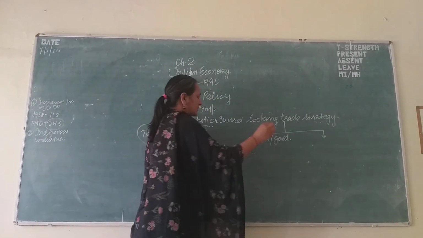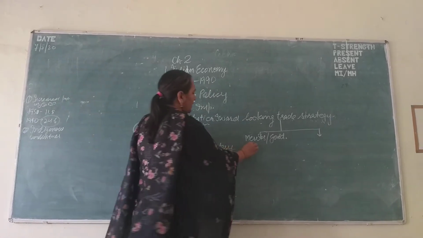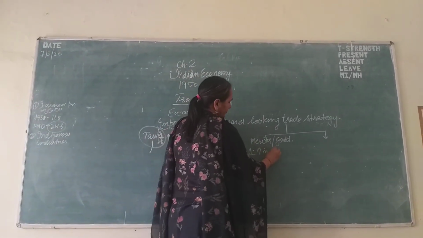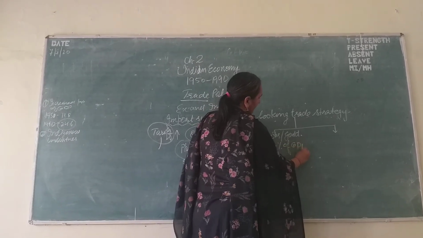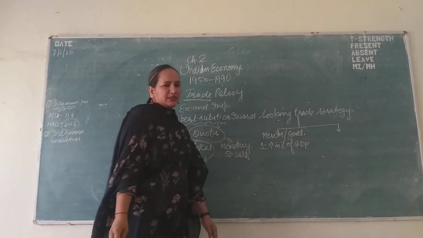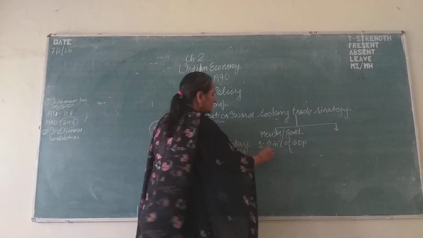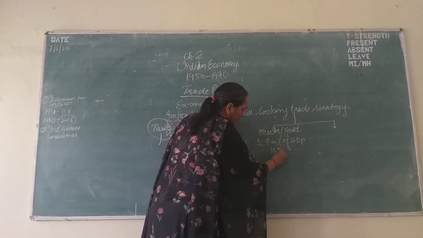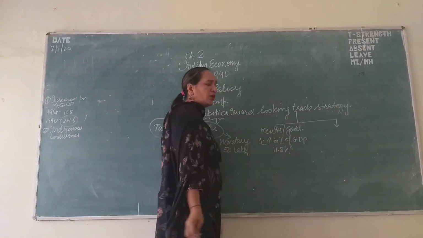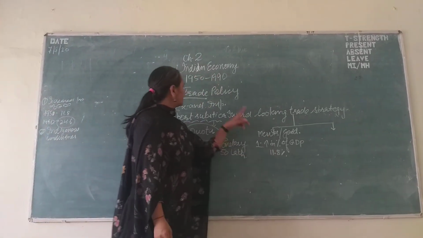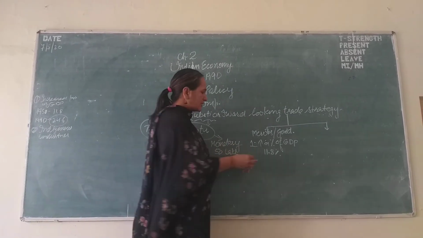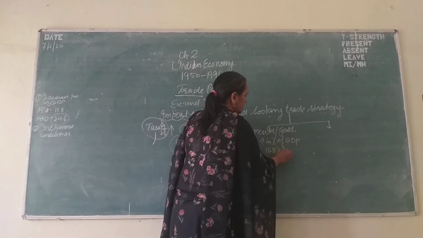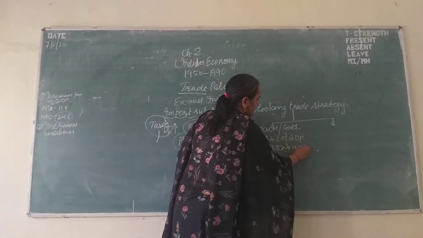First impact is the increase in percentage of GDP. When we got independence, exactly 11.8% of the GDP was obtained from the industrial sector. When we got independence, or when the data is given, that is 1950s.